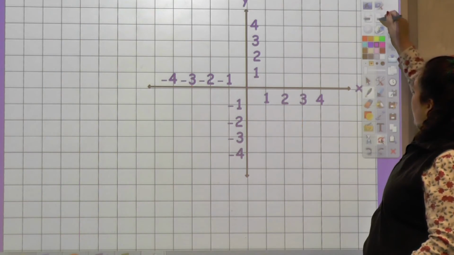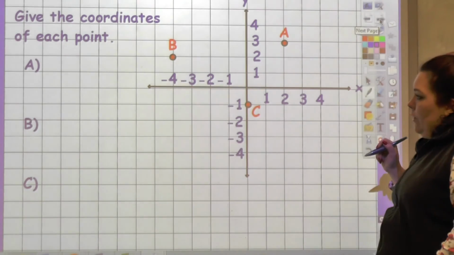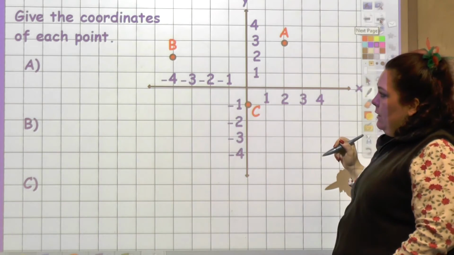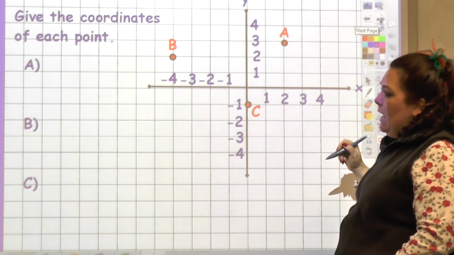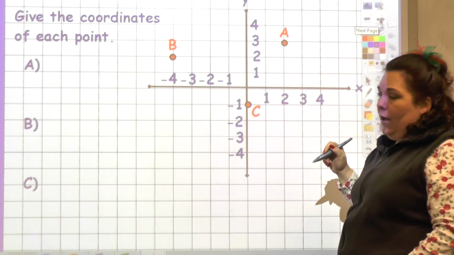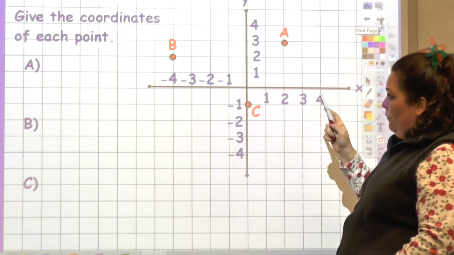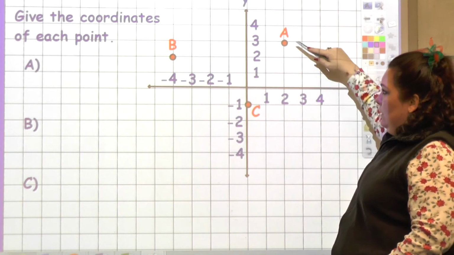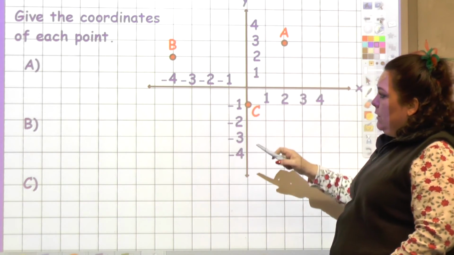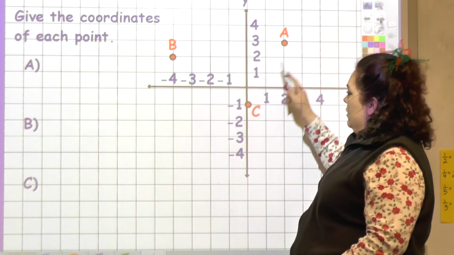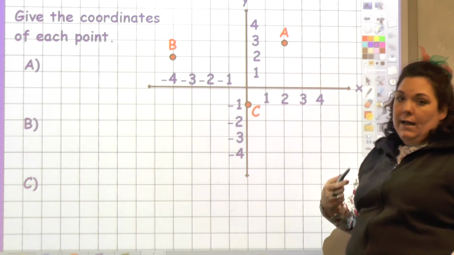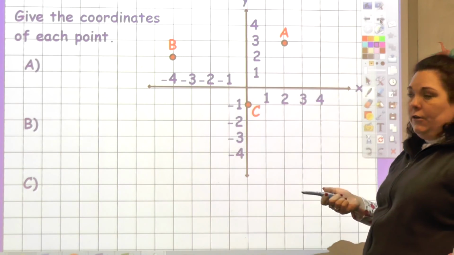So for your homework check, what you're going to do is say what the ordered pair is for each of these points. So A, you would say go over and up and say what that included.